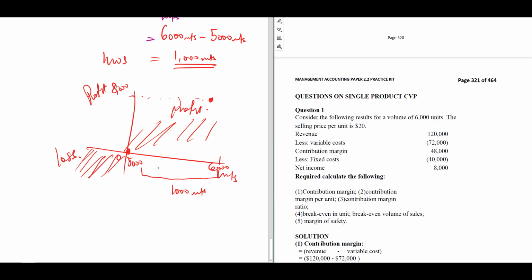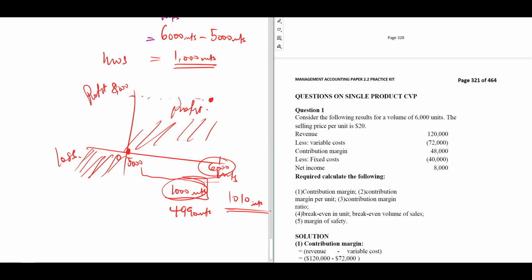Immediately the company produces, let's say, 4,990 units, that means the company's units have fallen from 6,000 by more than 1,000. Would it make a loss or a gain? A loss, because it has fallen by 1,010 units from 6,000. So it will make a loss.